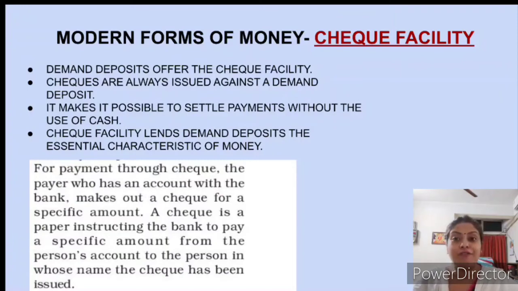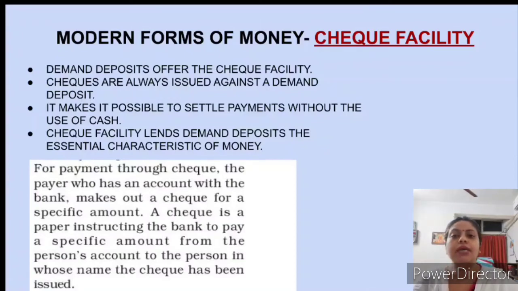Now, the third form of money is the check facility. Everybody has seen a checkbook or a check. This is a topic that we are going to study in detail in our next class, but here, let us just understand what a check is. A check is a facility that a bank gives you whenever you open an account with the bank.